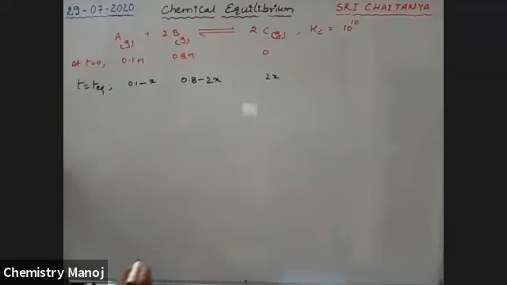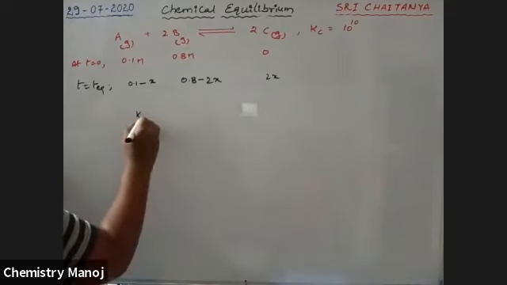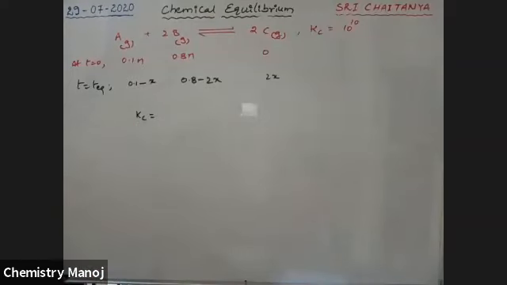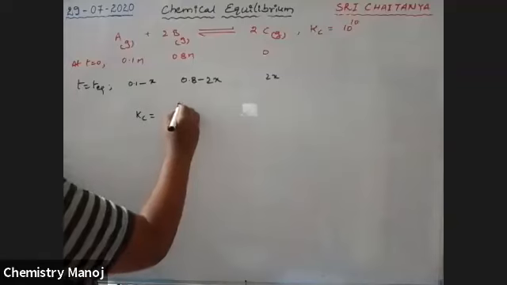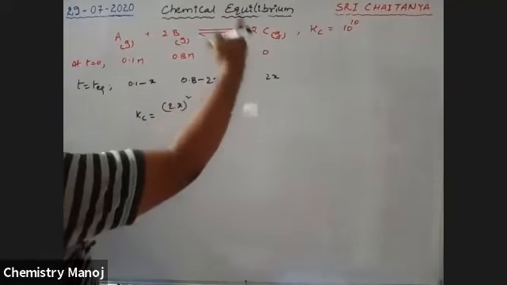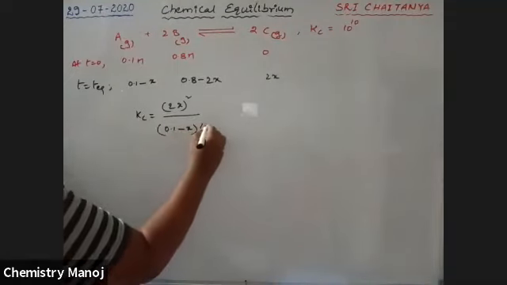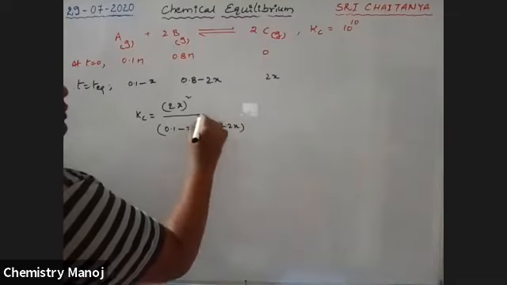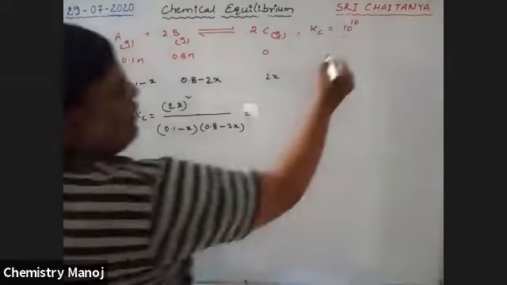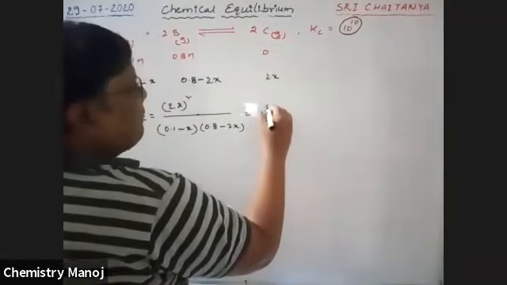So the equilibrium constant Kc is equal to the equilibrium concentration of C square, that is 2x whole square, by 0.1 minus x into 0.8 minus 2x, which is equal to the given value, 10 power 10.